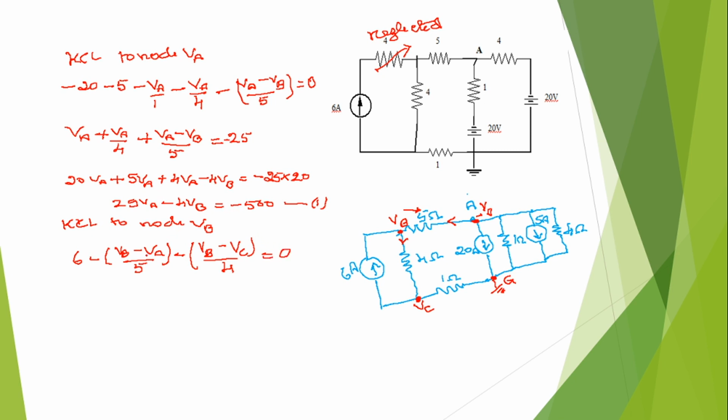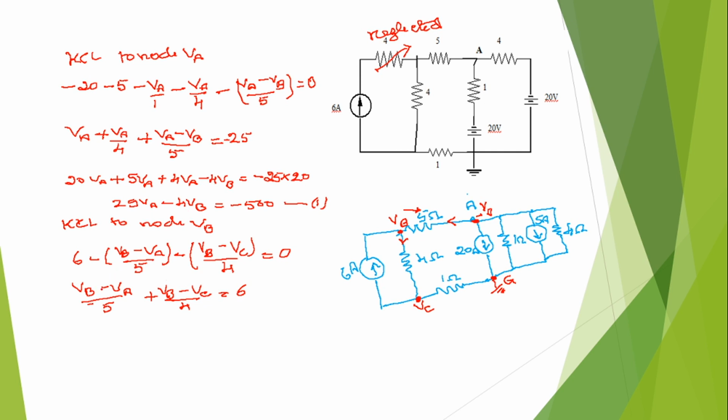Now here what is the next step? Take the current through the passive elements to the other side. So (VB minus VA) by 5 plus (VB minus VC) by 4 equal to 6.